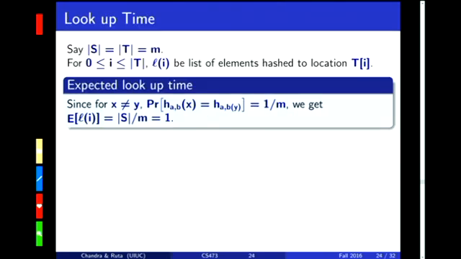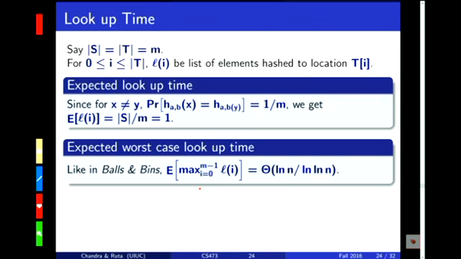Okay. So what is the lookup time? We had proved that if the family is universal, the expected lookup time is 1. But we had already noted that, as in balls and bins, the worst-case expected lookup time could be log n over log log n.